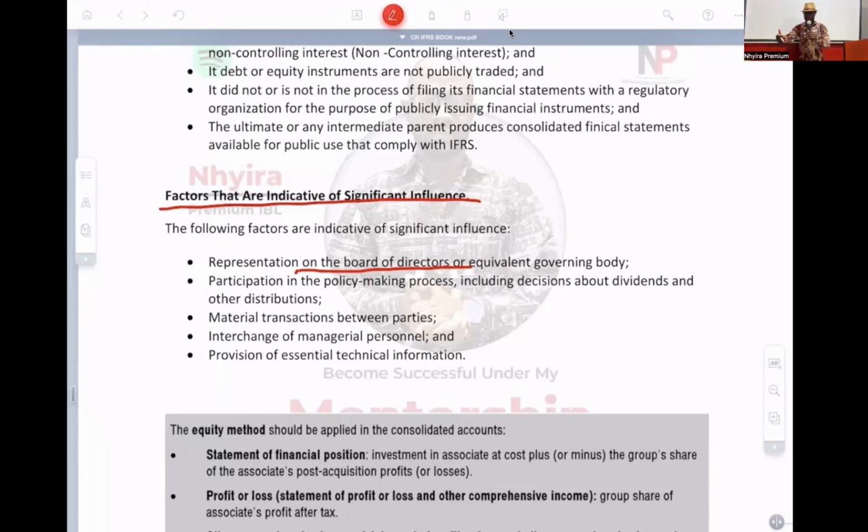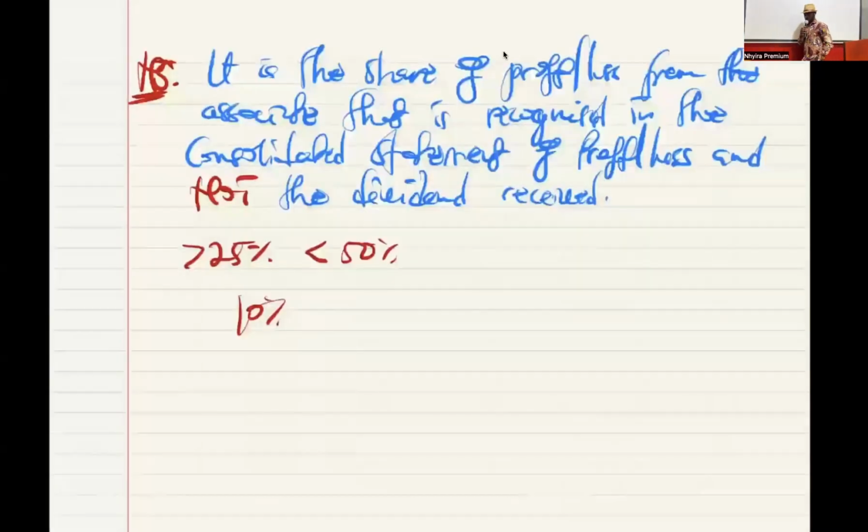Because of the representation on the board, it means we participate in the policy making process, especially when it comes to dividend and other distributions. That can also be an indication of significant influence.